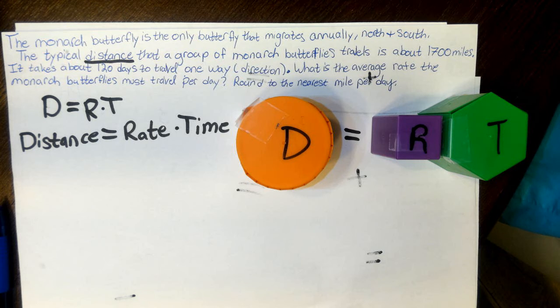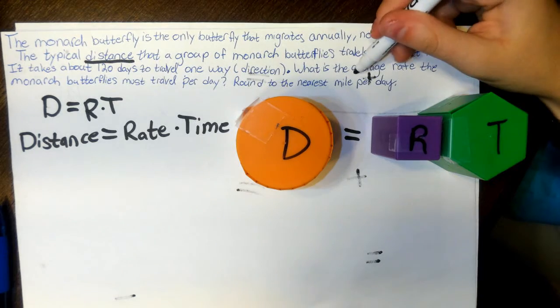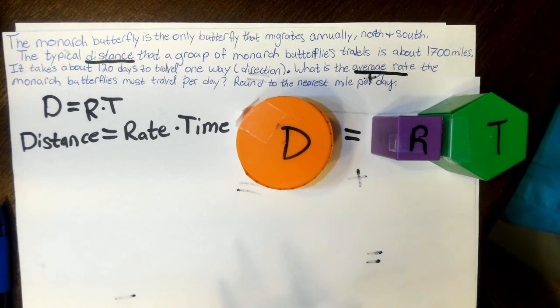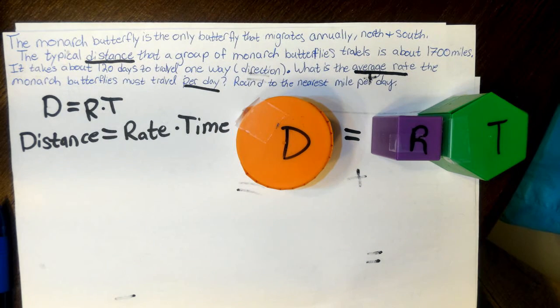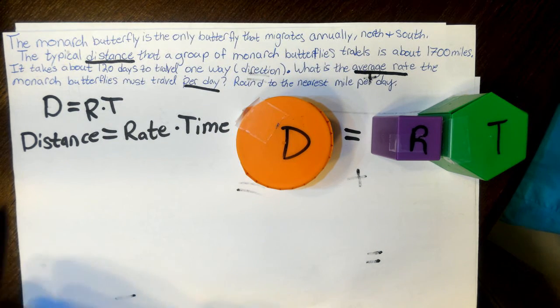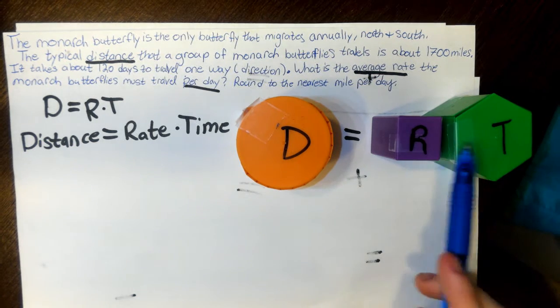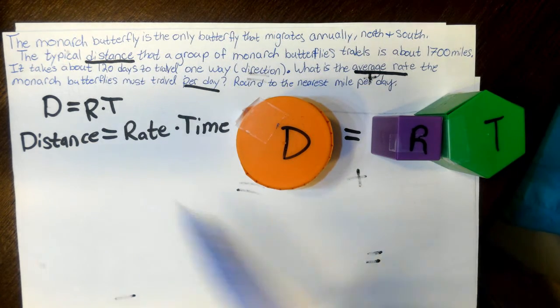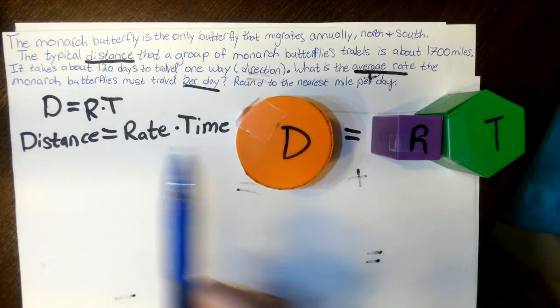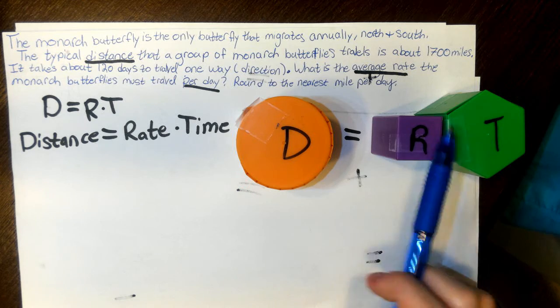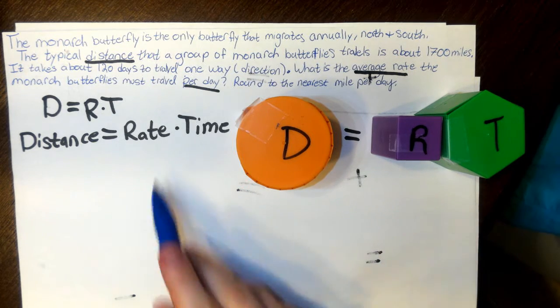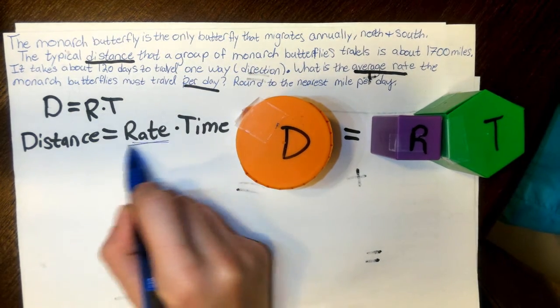We're trying to find the average rate the monarch butterflies must travel per day. So we are going to try to solve for R, the average rate. So we're solving for rate.